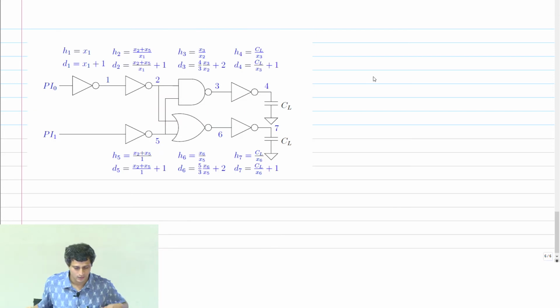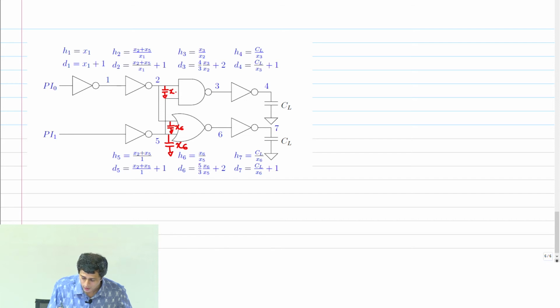So what we are saying is the capacitance on the gate whose output node is k, the capacitance of the input is xk. This is going to be x6, this capacitance. Similarly, this capacitance here will be x3.